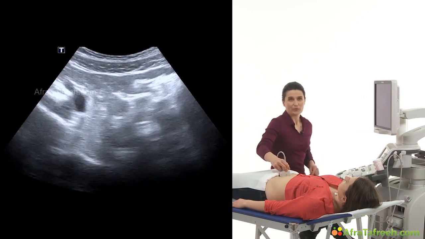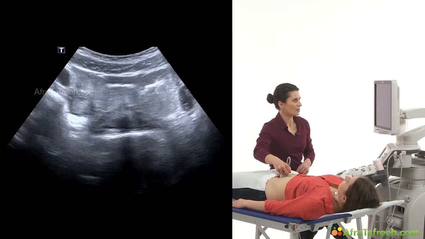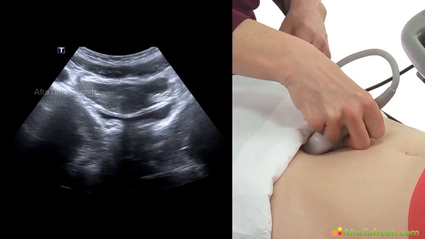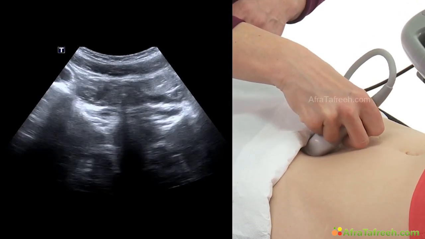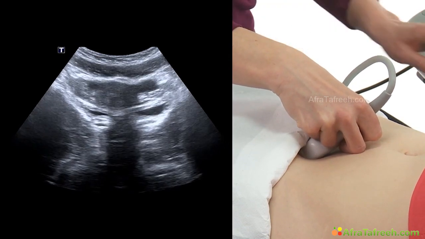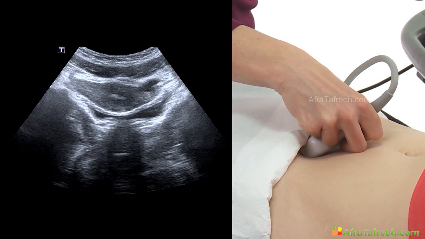Again, we place the transducer at the lower abdomen into the transverse suprapubic view. The mark of the transducer is pointing to our side. And as you can see, I have to tilt the transducer strongly towards the foot end of the patient. And here we can see the urinary bladder.